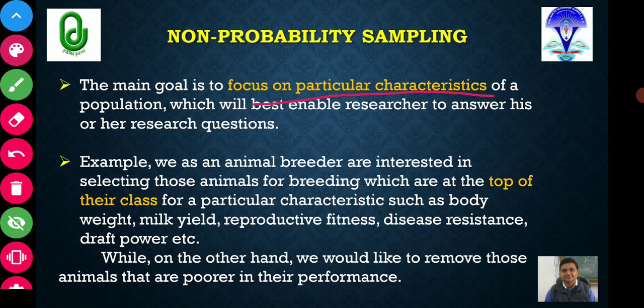On the other hand, I will not be interested in individuals who are poor in performance, so I will be removing those individuals. If a breeder is doing this kind of selection, that will be non-probability sampling, and that will be purposive sampling or judgmental sampling.